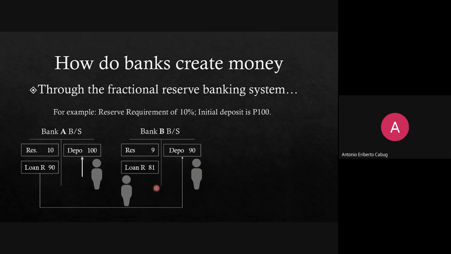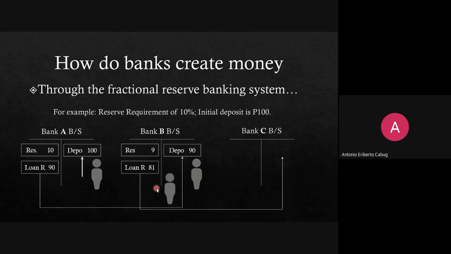So, kung nagigets niyo yung kwento, saan pupunta si Miss She? Where will Miss She go? Bank C, sir. Okay, very good. Bank C. So, Miss She will go to Bank C and deposit her money. The next borrower, magkano yung pwede niyang utangin? 90%.